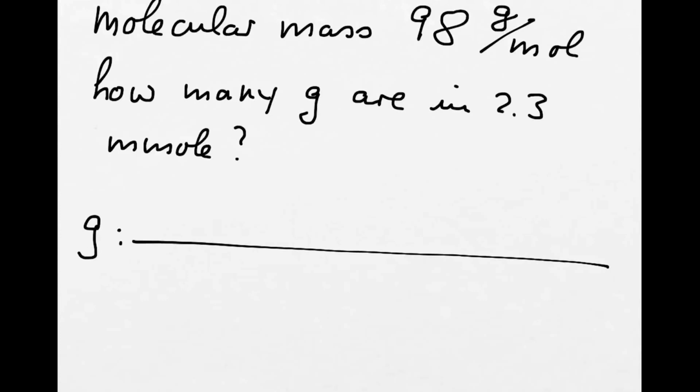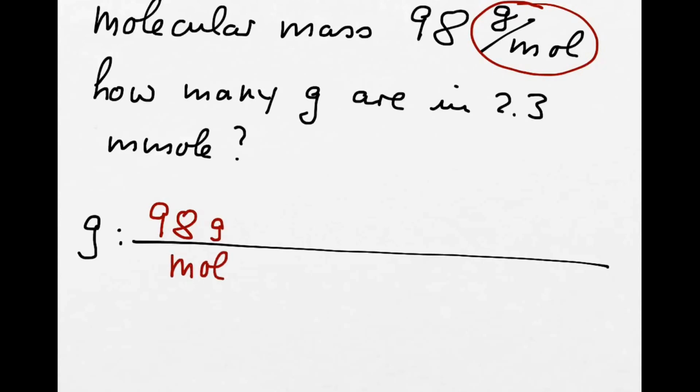Yeah? So we have grams up here, and the grams are already in the right position. They are on top. So all we need to write is 98 gram, and the mole is down here. Okay? So far, so good?